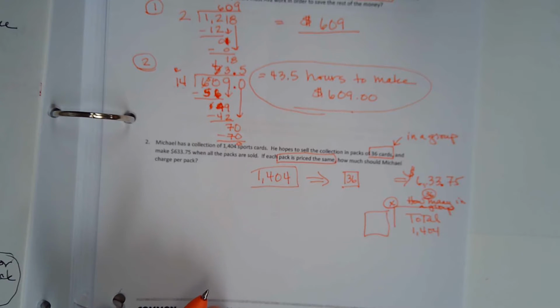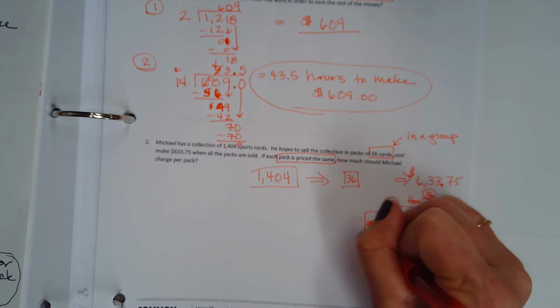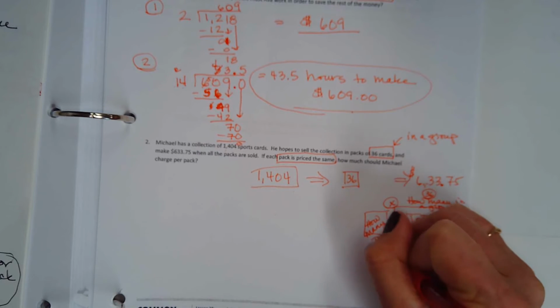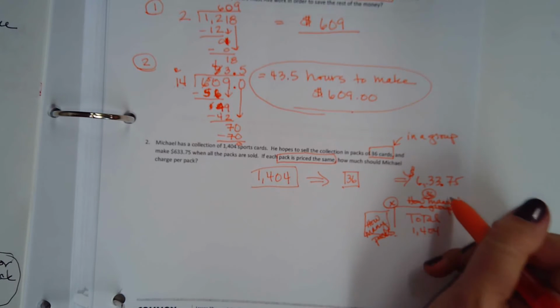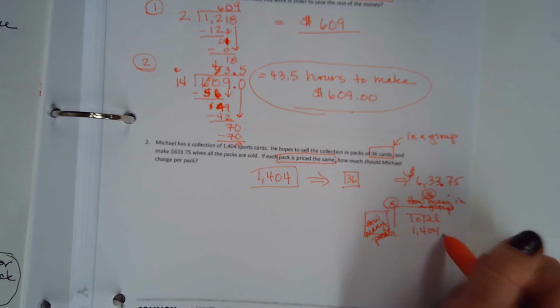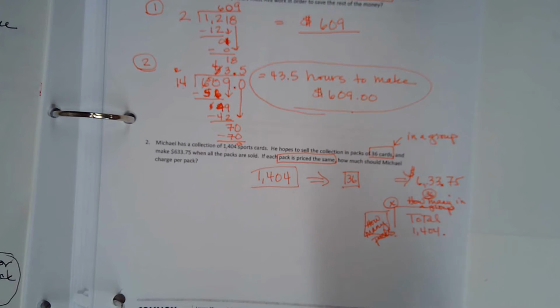Oliver. How many packs? No, not packs. So you're 36 cards and you want so many packs. You just don't know how many packs you need. Exactly. How many packs? We don't know that information, right? So we're given one of these and we're given a total. That screams division, right?